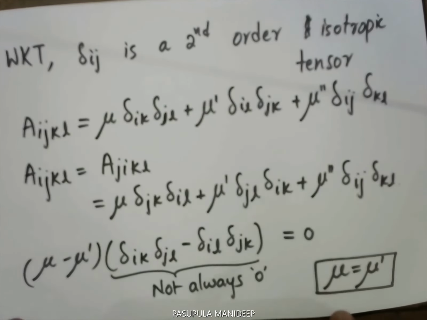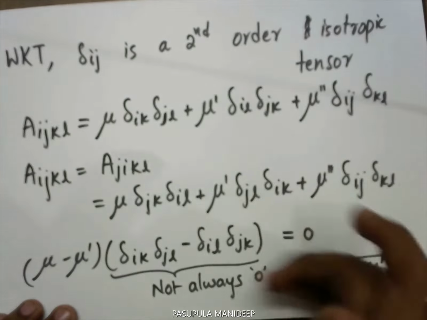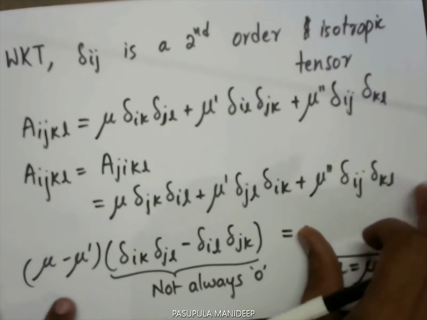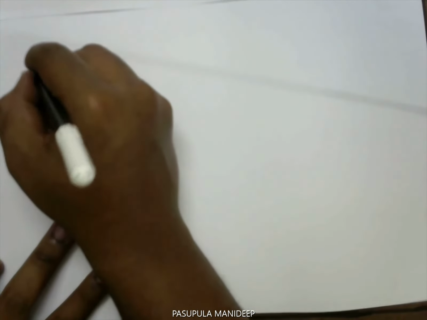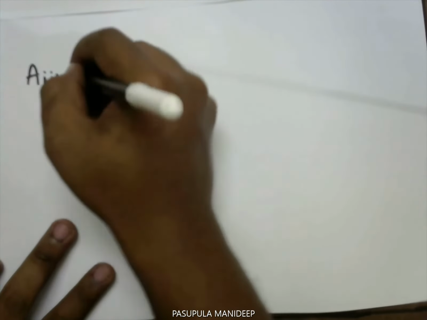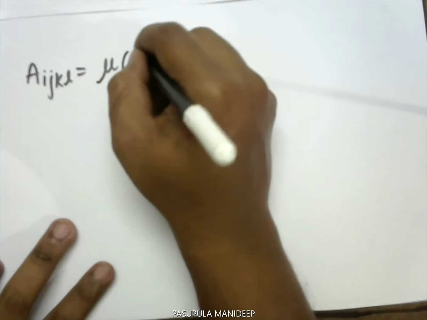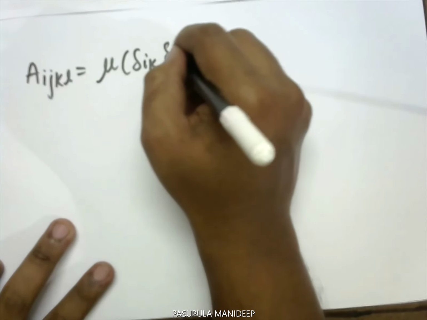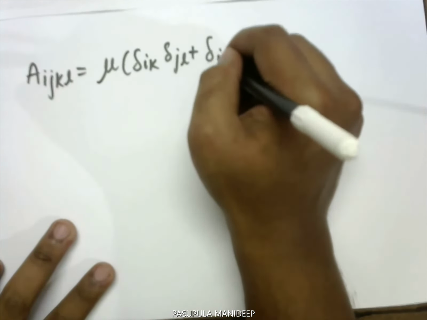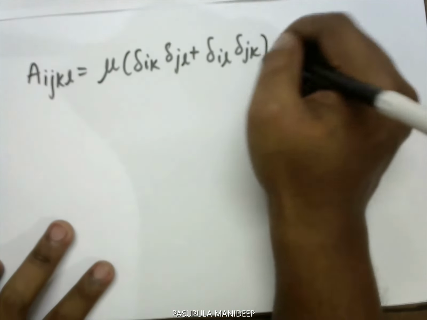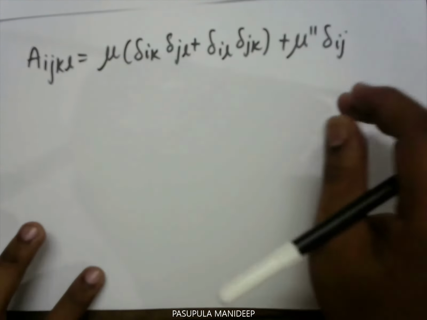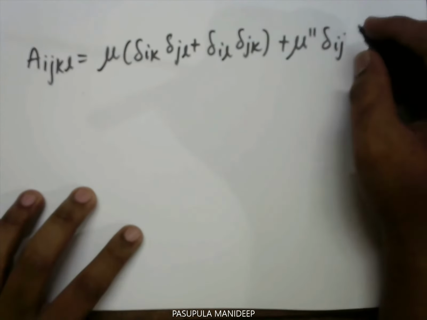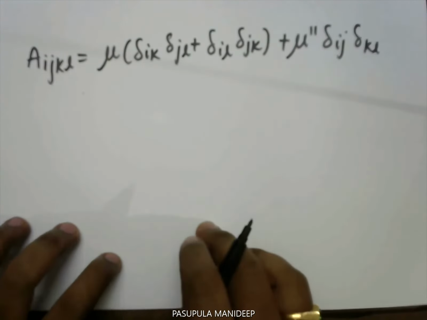Now let us put mu equal to mu prime back into our fourth order general equation. We conclude that A_ijkl equals mu of delta_ik delta_jl plus delta_il delta_jk, plus mu double prime delta_ij delta_kl.